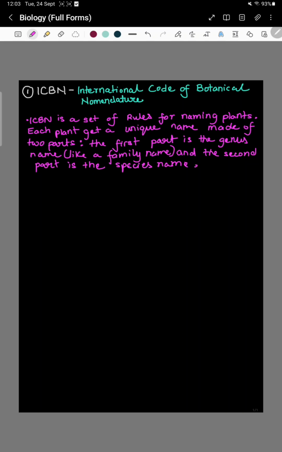Here are some examples of ICBN. ICBN stands for International Code of Botanical Nomenclature. Now, an ICBN example is Rosa indica.